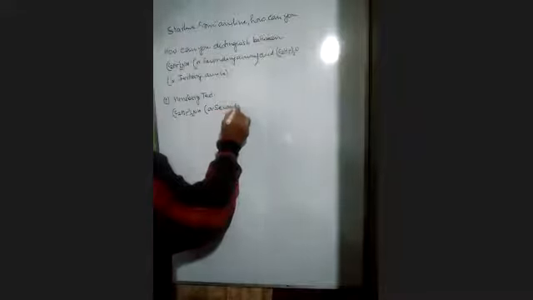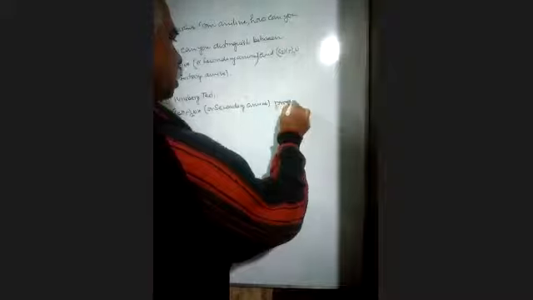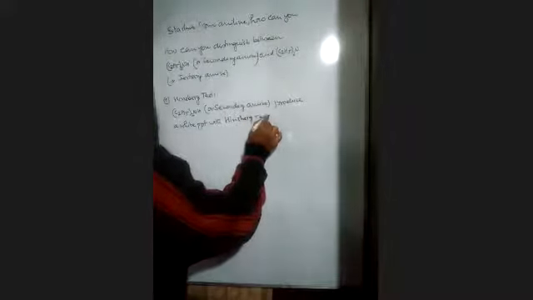We write here: (C2H5)2NH, or you can write secondary amine, produce an insoluble white precipitate with Hinsberg reagent.